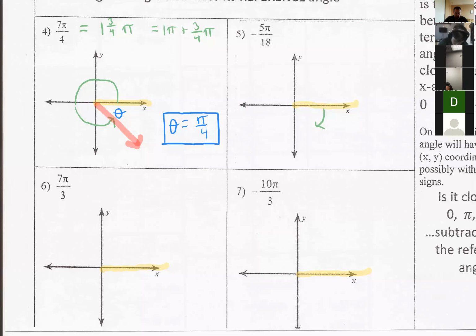And then the terminal side is going to look like this, from the origin, passing through the arrow. So theta is going to be this angle right here. That's the reference angle. And remember, the reference angle is always between 0 and pi over 2. So in this case, it would just be how far we went down, which is positive 5 pi over 18.